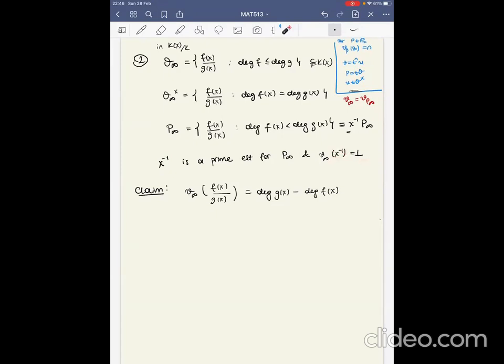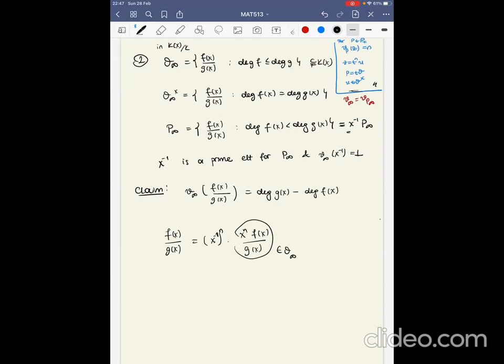Now we first want to show that the valuation of any rational function f over g is determined by the difference of the degree of g(x) and the degree of f(x). To see that, we apply the definition of a discrete valuation map obtained from the given P. Here our purpose is to write f over g as the prime element to the power n times a unit from O infinity.